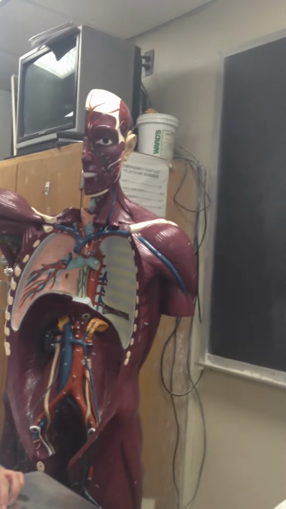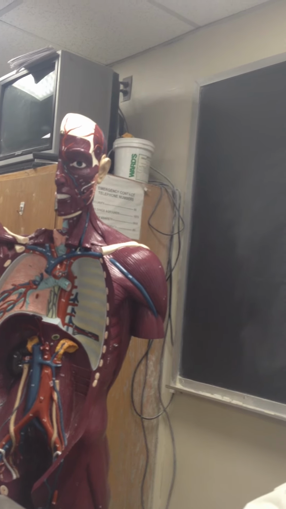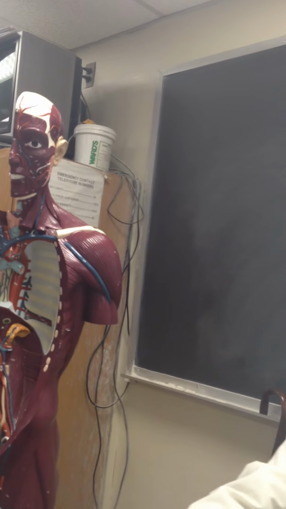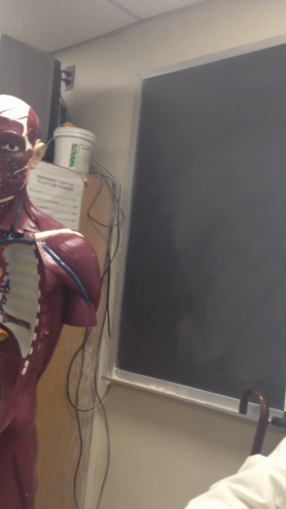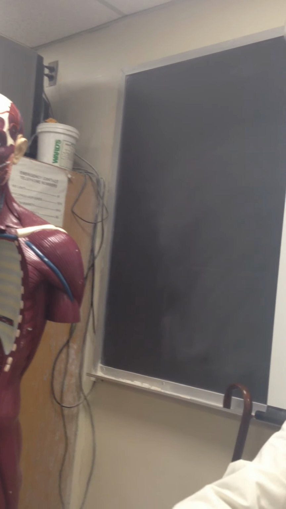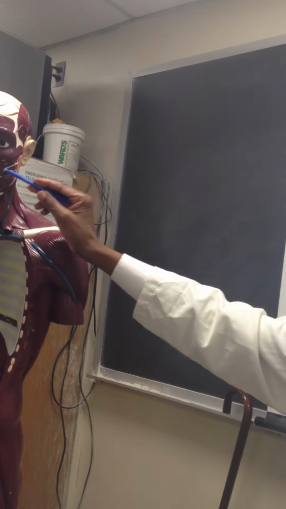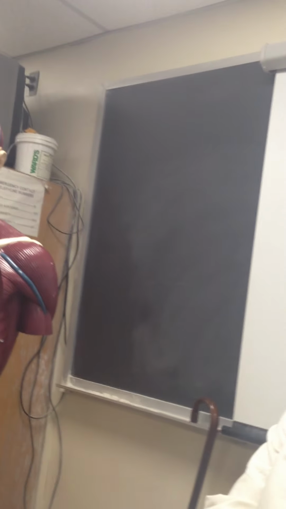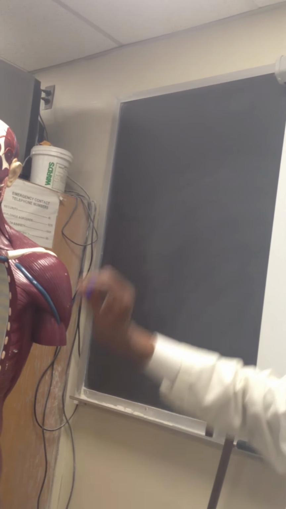There are 2 muscles of the nose. The bridge of the nose has the procerus, and below the procerus you have the nasalis. Those are the 2 muscles of the nose. The circular muscle of the mouth is the orbicularis oris. This enables you to open and close your mouth.